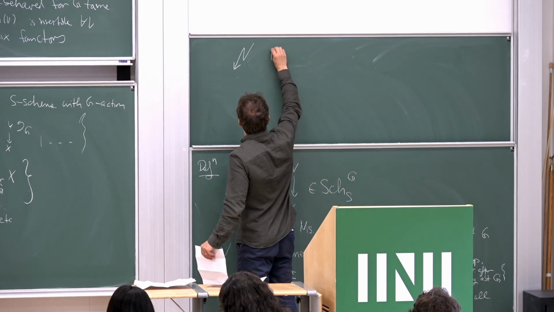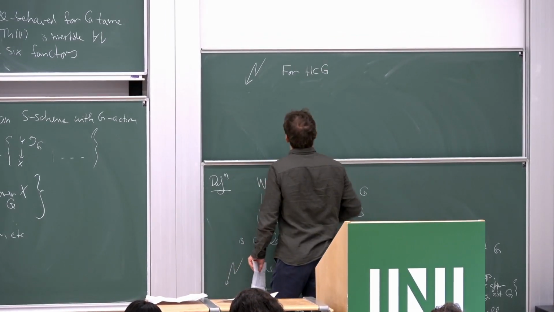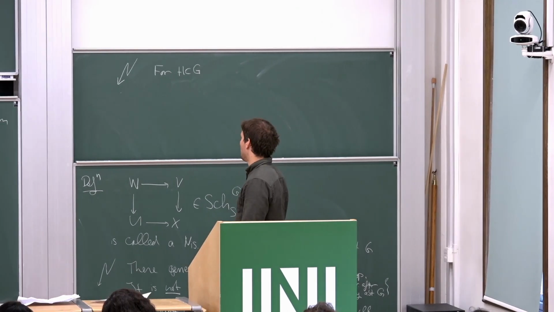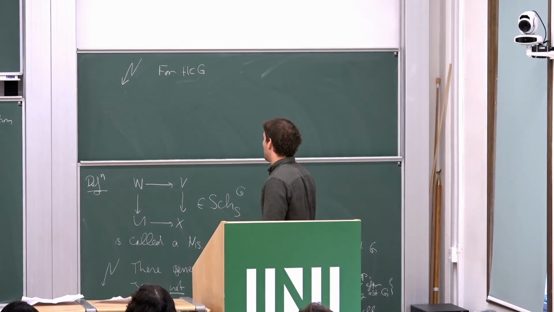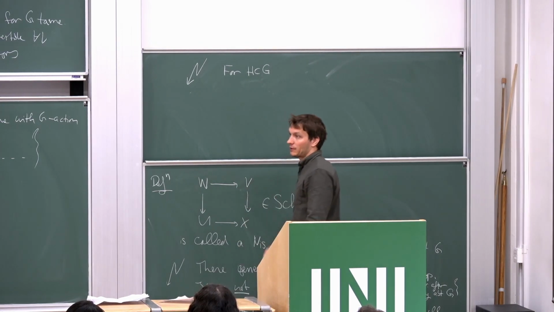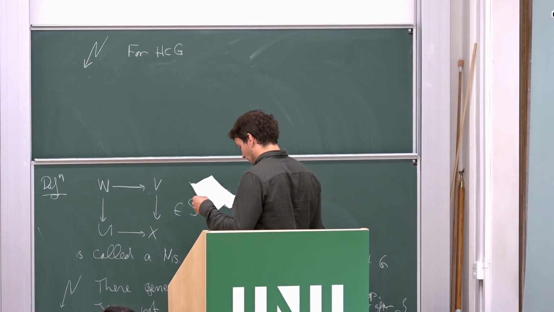So if you have a subgroup, you can make a fixed point functor, you can make a geometric fixed point functor, well, you can definitely make a categorical fixed points functor. Not sure that I can make a geometric fixed points functor in complete generality, but often you can. For example, if G is finite, then we can do this.